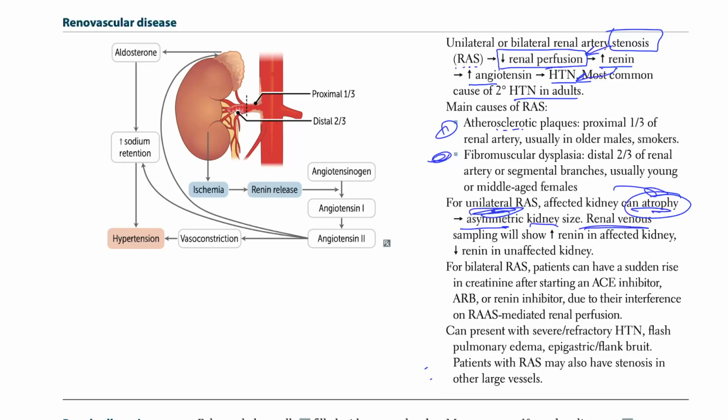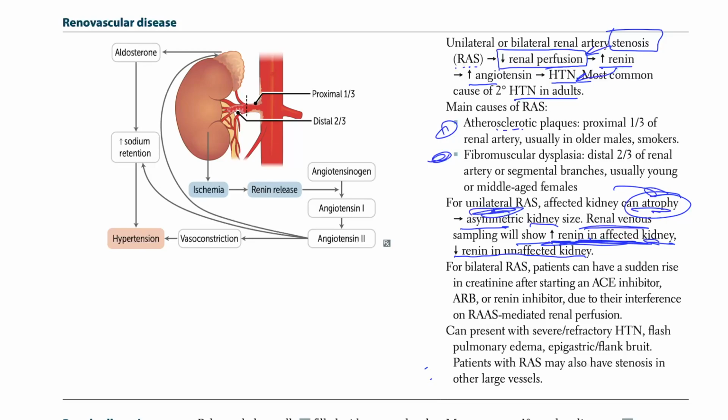Renal venous sampling will show increase in renin in the affected kidney. Because the affected kidney needs more blood, it's going to cause increased renin secretion from that kidney. So you will have an increase in renin from the affected kidney, decreased renin in the unaffected kidney, very important also, because the other kidney is normal, it doesn't need renin, so it's not going to secrete renin. That's only with the unilateral.